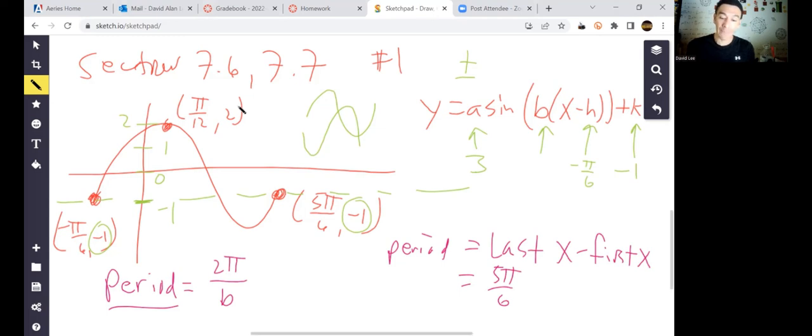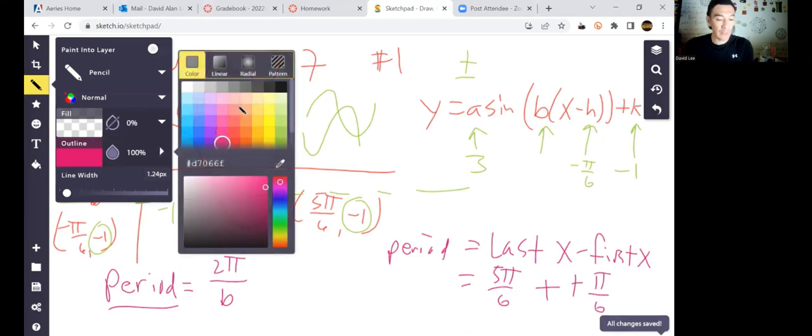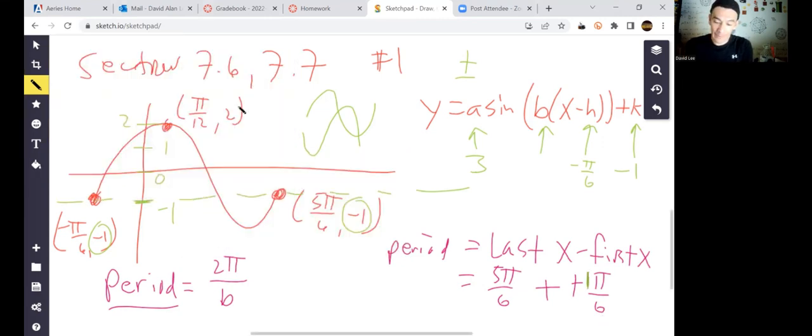And then minus the first, which would be -π/6. And that double negative is positive. And there is an invisible 1 here in green, which is why 5 + 1 is 6. That's like 6π/6. And the 6's cancel. So it's just pi. So your period is just pi.